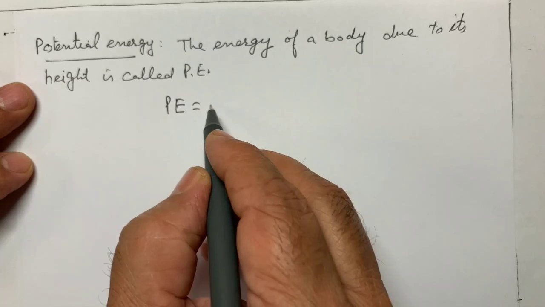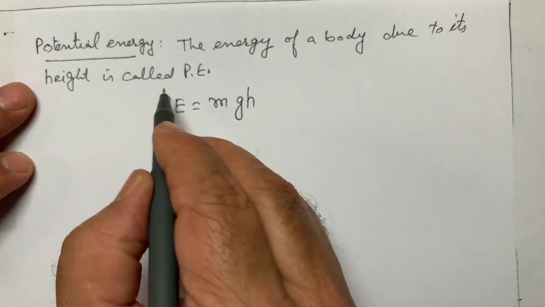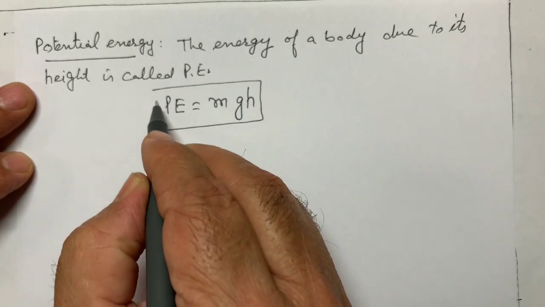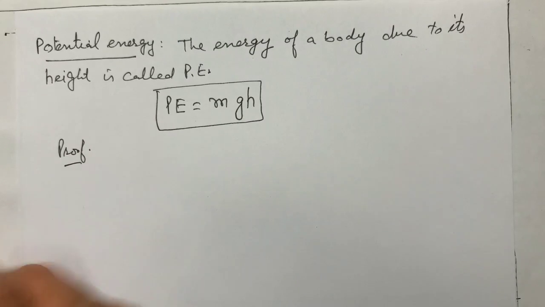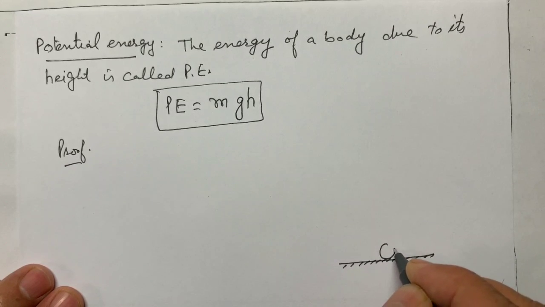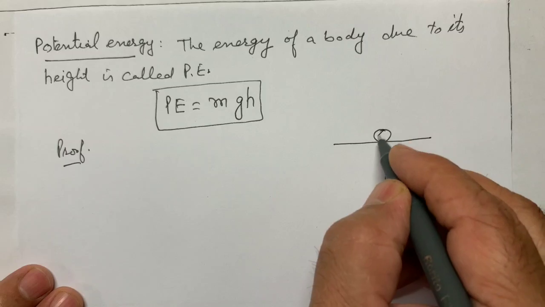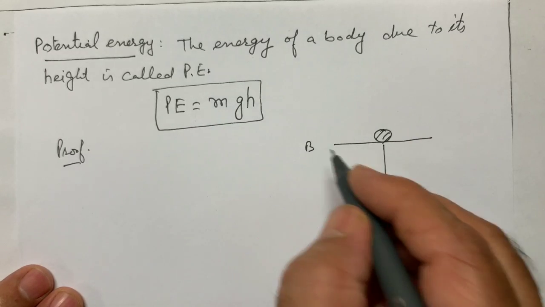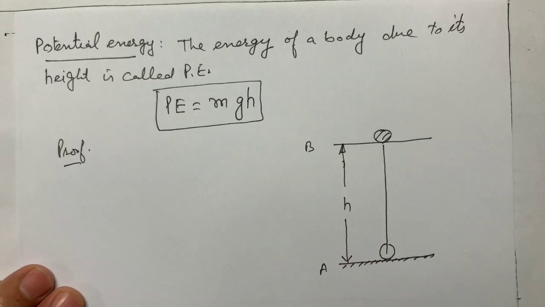Potential energy is given by the relation mass of the body times acceleration due to gravity into h. How can we prove it? Let me suppose this is the ground level. A body is raised from A to B by height h.